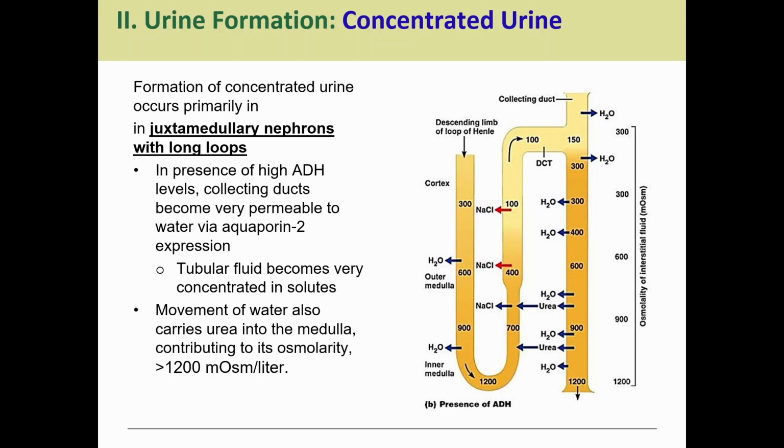And so the fluid becomes very concentrated. The solutes in the fluid become very concentrated. This is also going to carry urea into the medulla, which is going to contribute to the osmolarity. And we see we went from about 100 to 1200, so 12 times higher in concentration in comparison to when we're using those cortical nephrons.